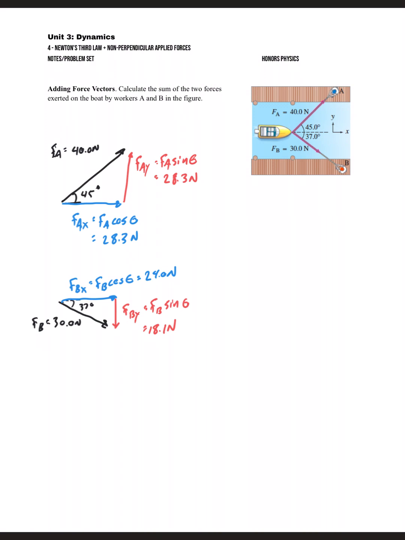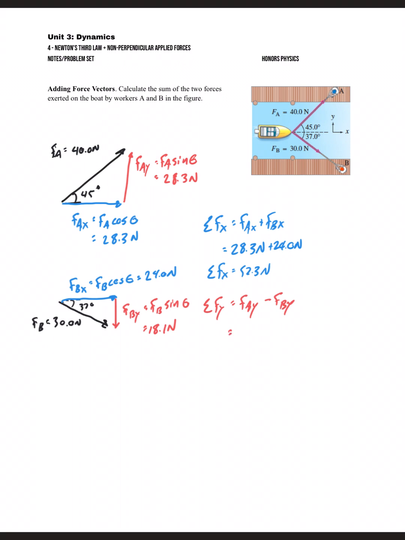So first thing we do is add everything up in the X direction. Net force in the X direction is FA in the X plus FB in the X. So 28.3 newtons plus 24 newtons. So I get a net force in the X direction of 52.3 newtons. In the Y direction, it's FAY pointing up minus FBY pointing down.